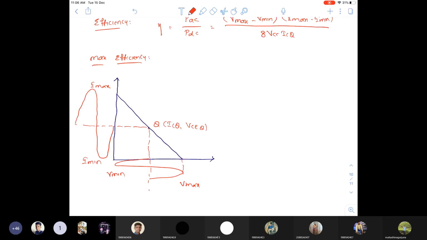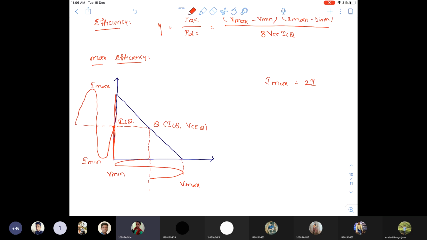Here I max is equal to what? This peak is ICQ, and this peak is also ICQ, so I max is 2 ICQ.